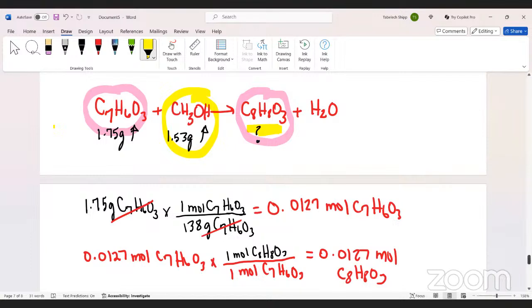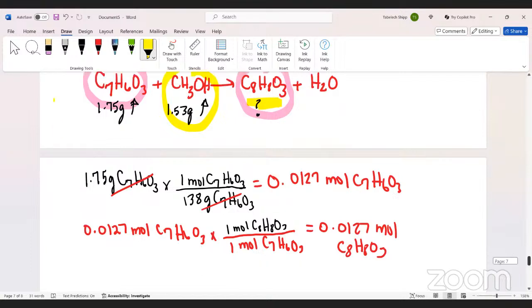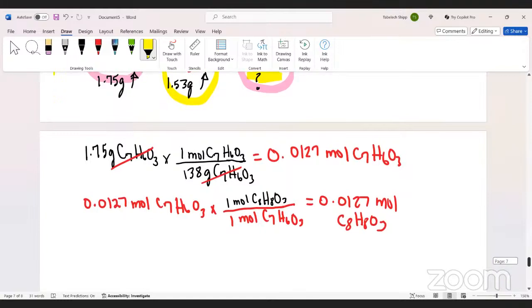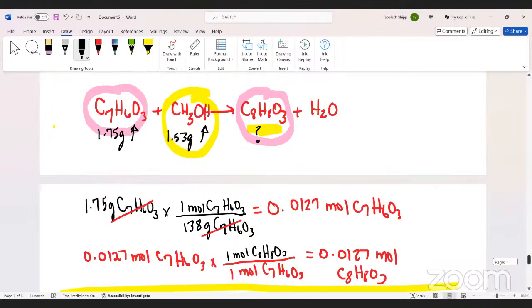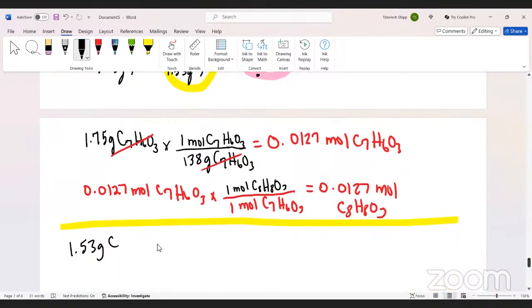So, Ariana, I need you to give me the molar mass of CH3OH, okay? So right here, I'm going to take 1.53 grams of CH3OH, okay, times, thank you.